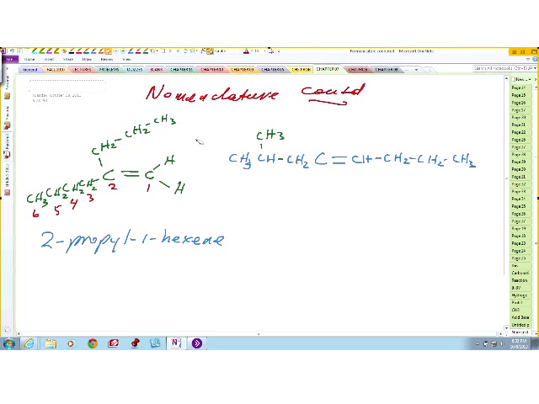Because you want to give the substituent the lowest possible number. So therefore, we start to count from here. 1, 2, 3, 4, 5, 6, 7, 8. So this becomes 2-methyl. Then you indicate the position of the double bond. 4-octene.